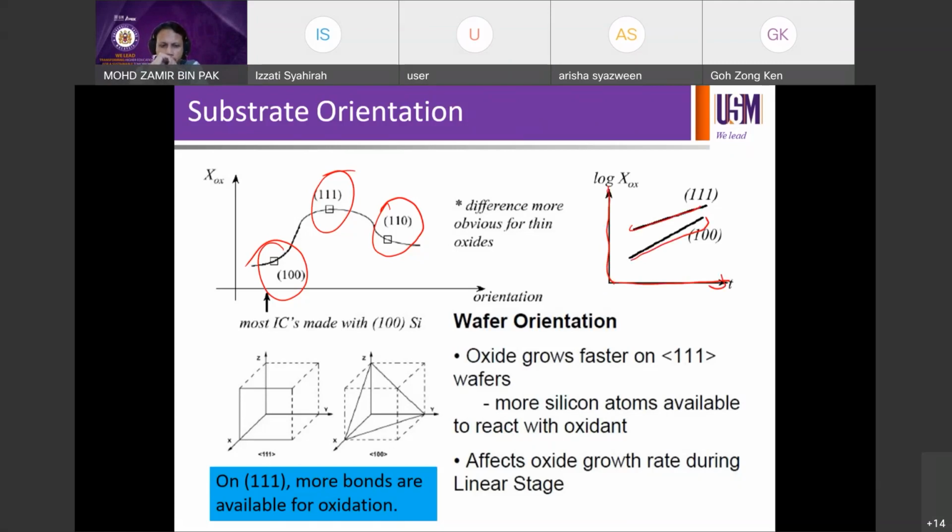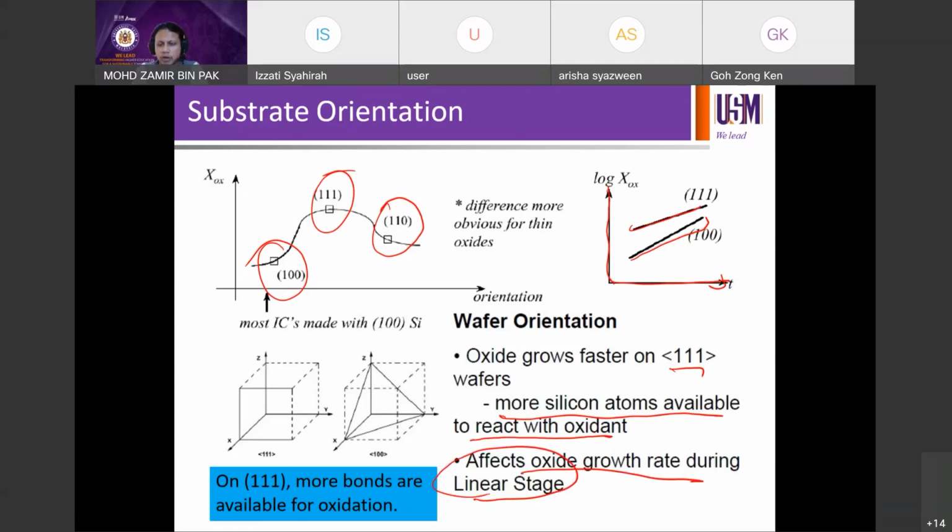We've discussed before that the crystal orientation difference causes the oxide to grow faster on 111, which is due to the presence of more silicon atoms available to react with the oxidant. So 111 has more silicon atoms available compared to 100. This affects oxide growth during the linear stage.